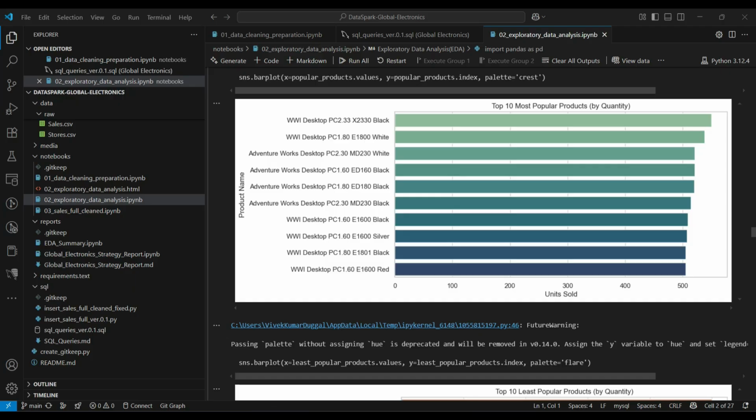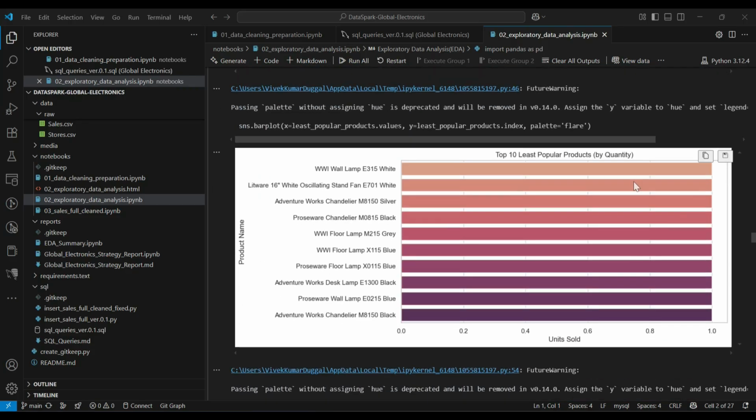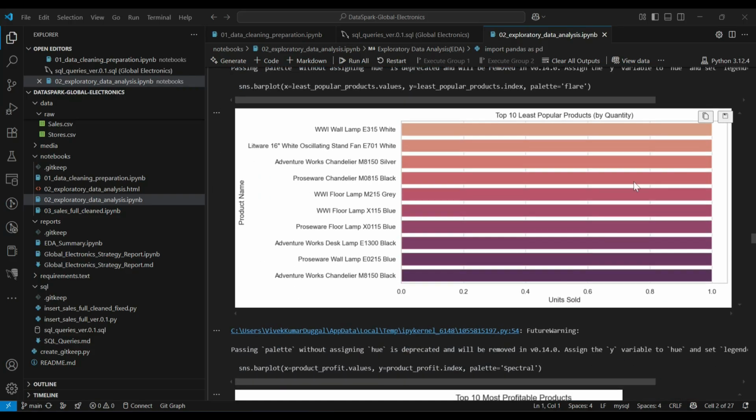Observation: products in the 1.60 to 2.33 GHz range, especially in black and white variants, are preferred. Actionable insight: ensure adequate stock and logistics support for these models. Use these products in lead generation campaigns or as loss leaders to drive store traffic.